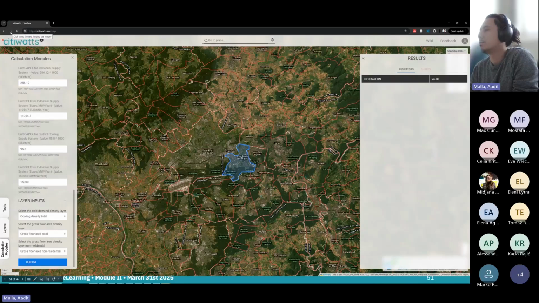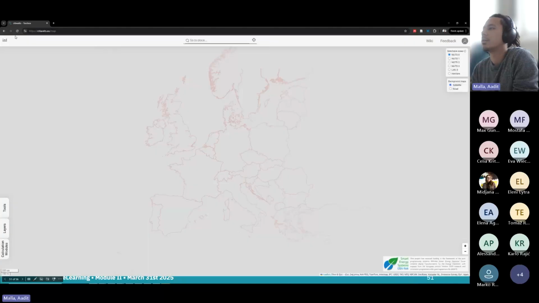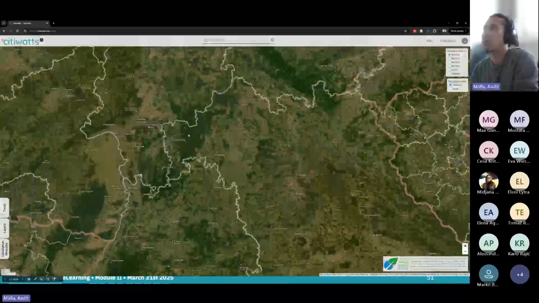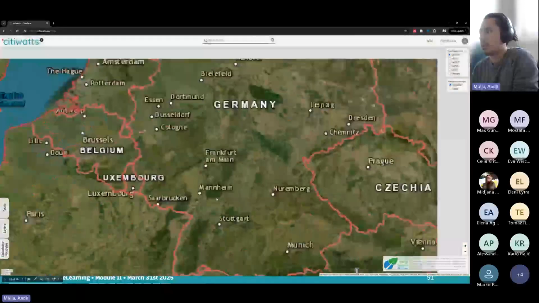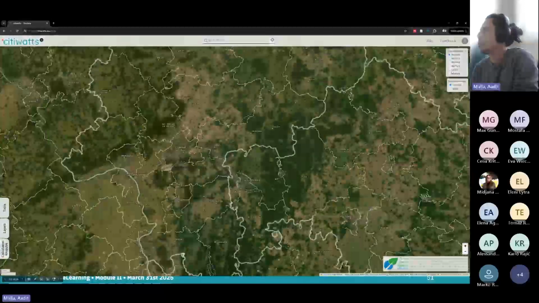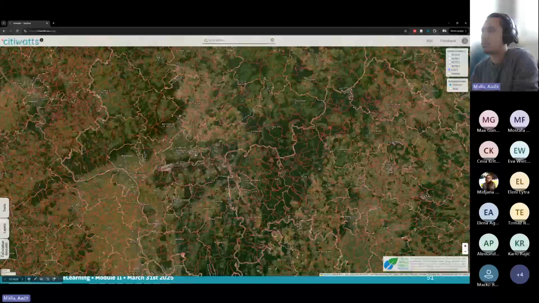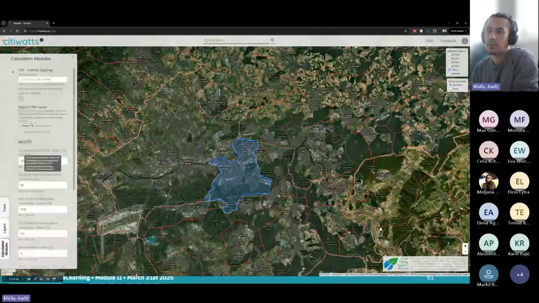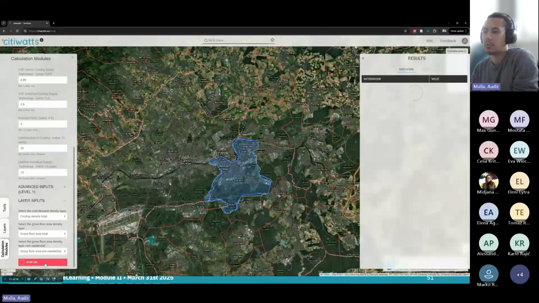In general, for A.II regions, it takes 10 to 15 seconds, or sometimes even up to 30 seconds. But let me just try once again. I hope it works here. So I go to A.II, Offenbach, and I go to the calculation module, district cooling, and run the default conditions.